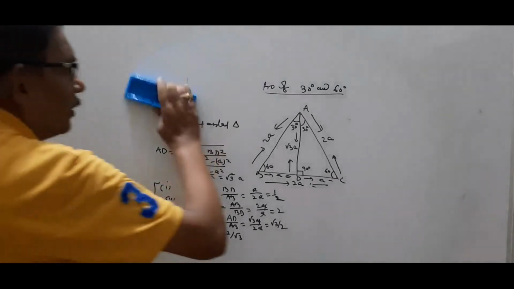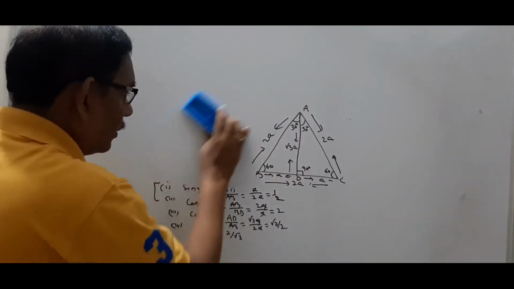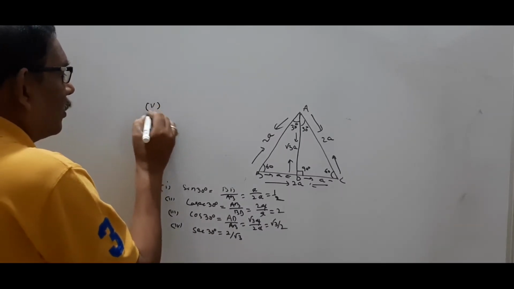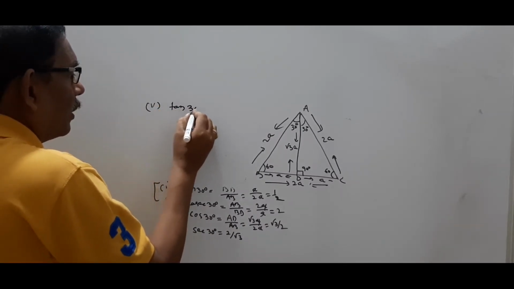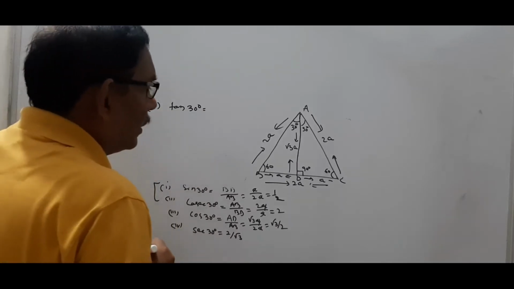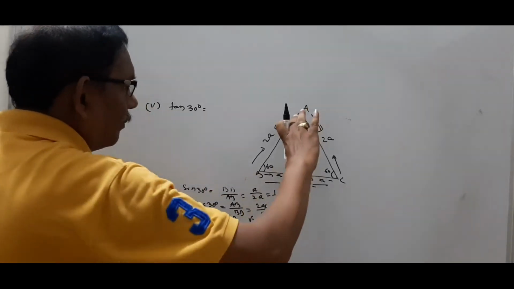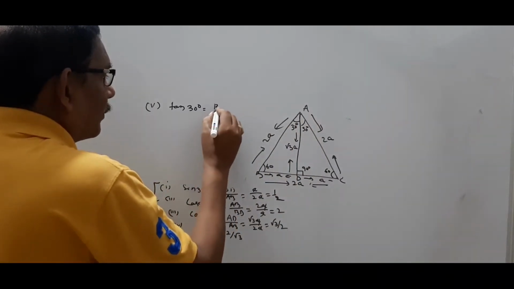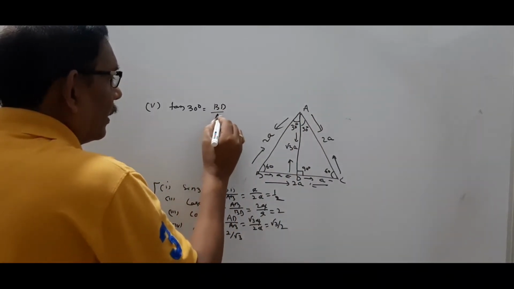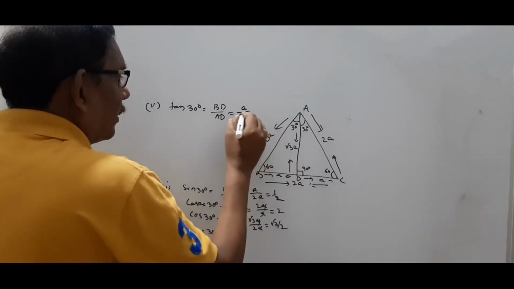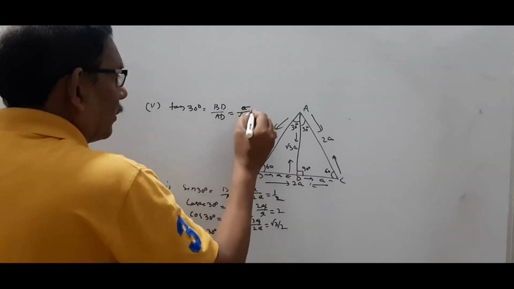Similarly, for other ratios, tan 30. Tan 30 is P by B. It means BD by AD. BD is a, AD is root 3a.